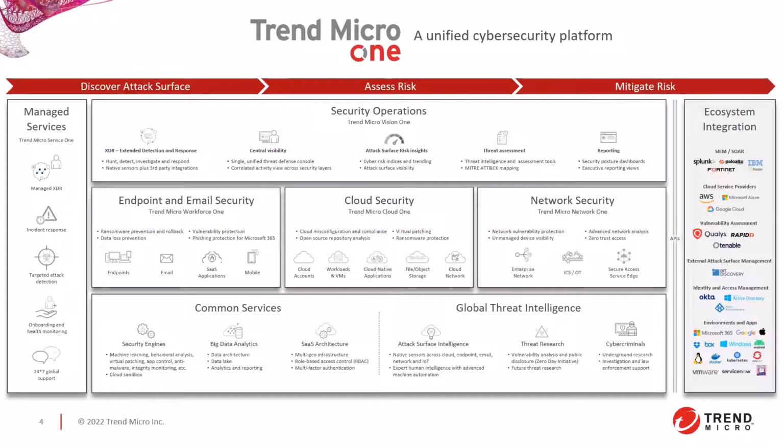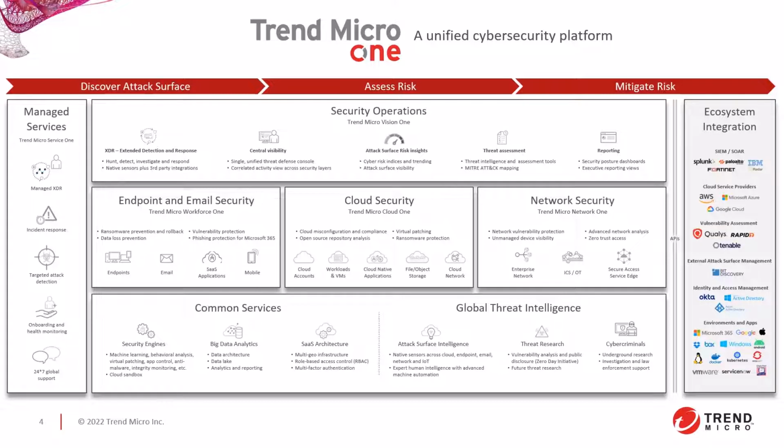When we look at Trend Micro One zoomed in, there's security operations, applications, and use cases to help your security operations teams. These are backed by multiple sensors that are homegrown here at Trend Micro that cover your endpoint and email, your cloud security, and your network security.